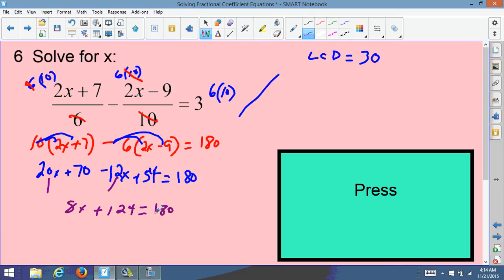So all I have to do now is do a little transposition. So I'm going to take the 124 and subtract it from the 180. Let me just get another color if I can. Choose green.